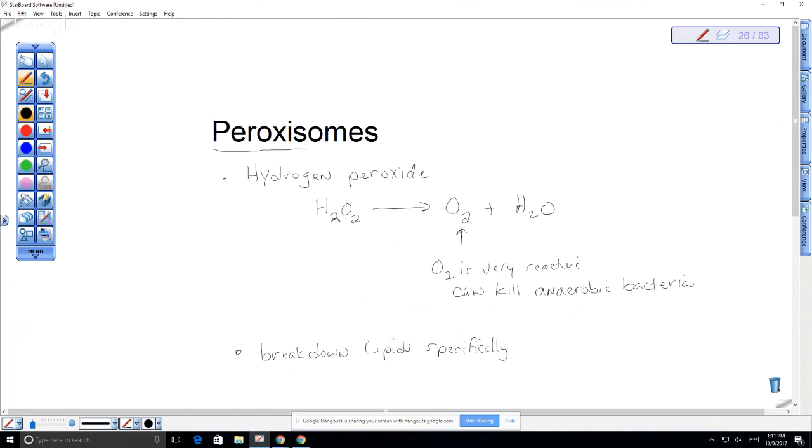We'll talk about some genetic diseases that are due to a buildup of lipids in the body. One of those is Tay-Sachs. Tay-Sachs is a genetic disease that is common in certain populations that is due to defective enzymes in the peroxisome. So defective peroxisomes.